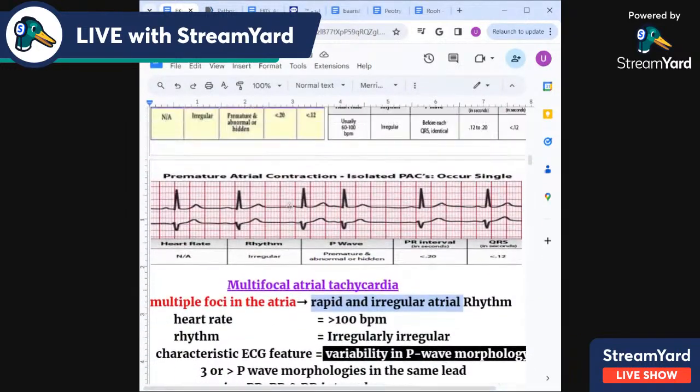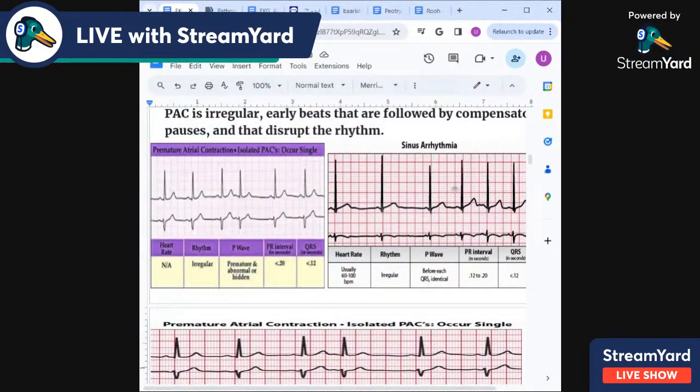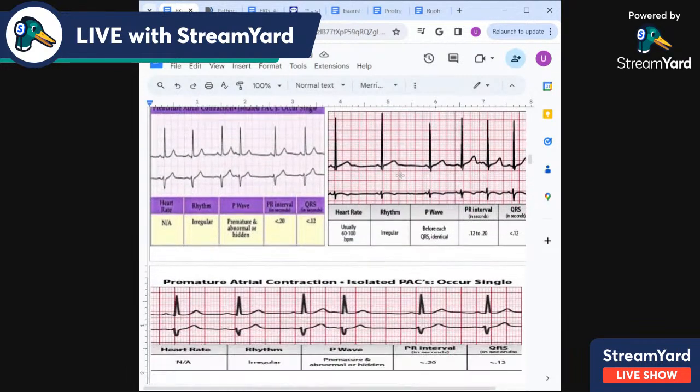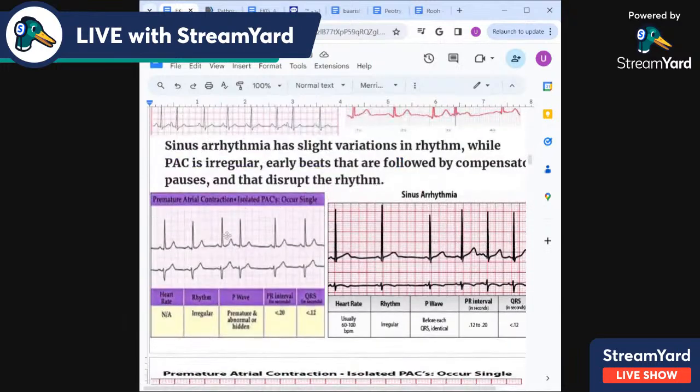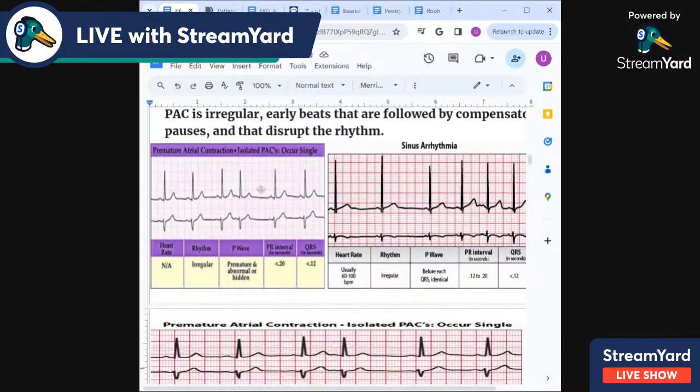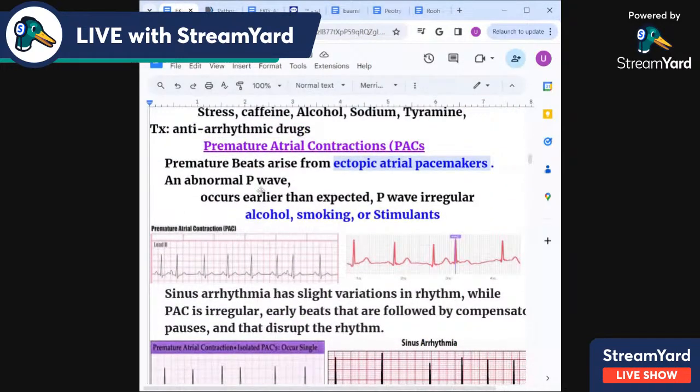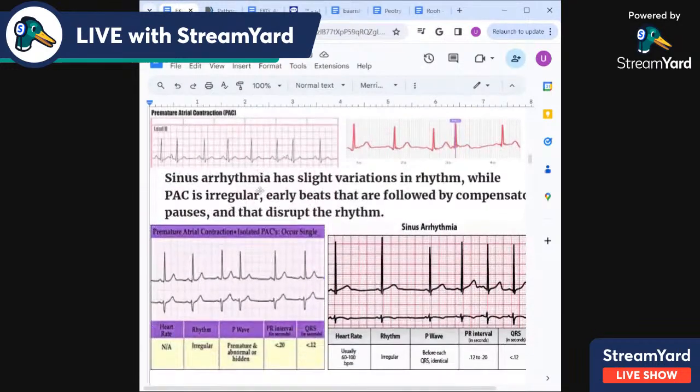So we've done sinus arrhythmia with a focus in the atria, and then we have premature atrial contraction in the irregular rhythm, with multiple foci in the atria, ectopic atrial pacemakers.